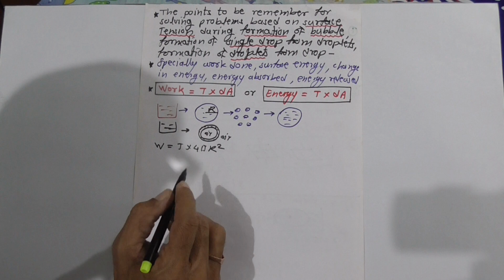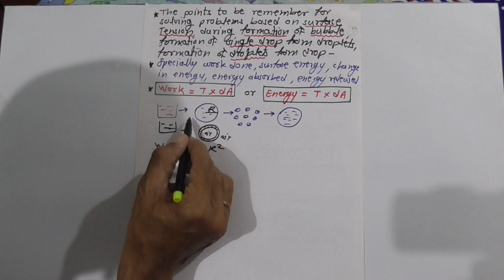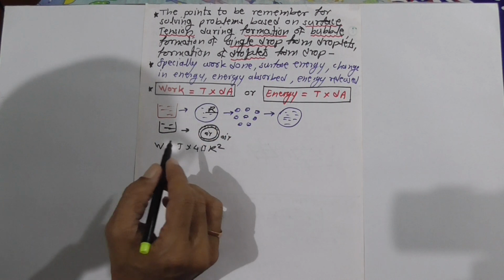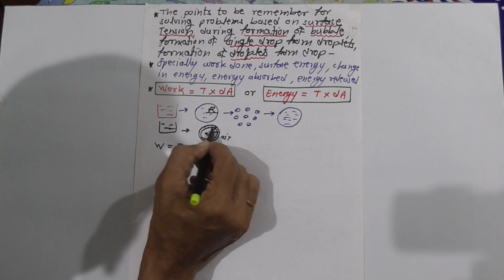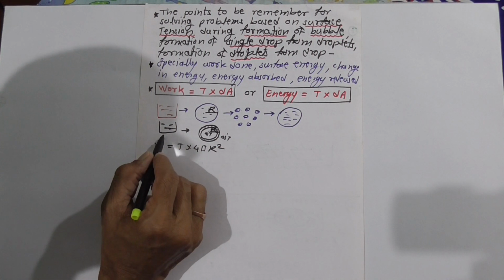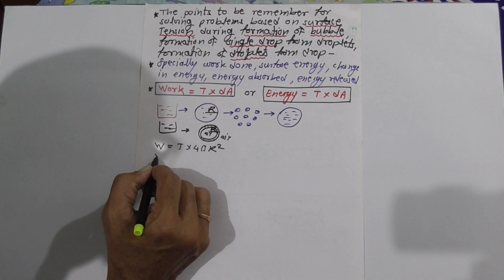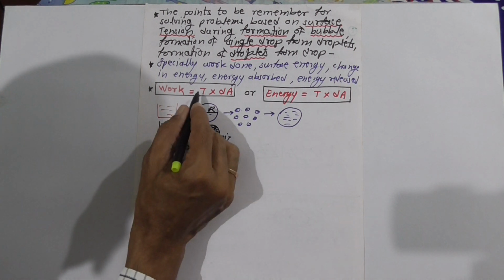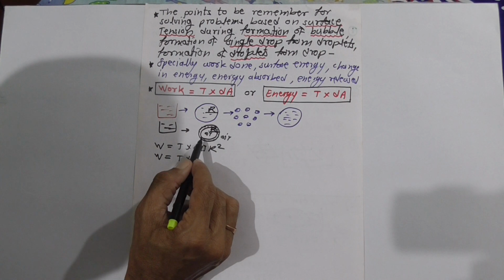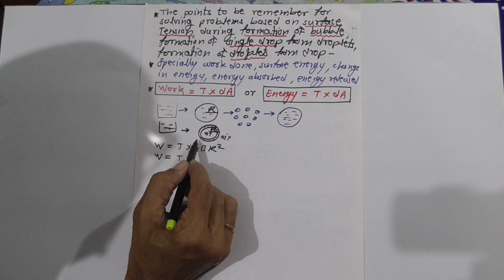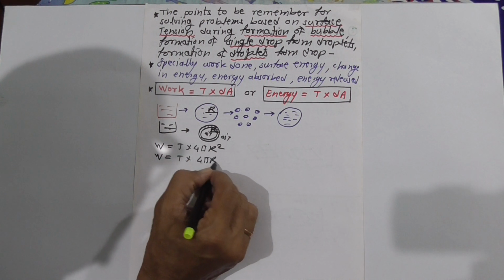What I meant to show here is that the change in area is nothing but 4 pi R square, directly the surface area of that single drop. If a soap bubble is produced here with radius capital R from the soap solution, you have to think in the same fashion. Work done W is equal to T into dA, with initial area 0 and final area equal to the area possessed by that soap bubble, 4 pi R square.